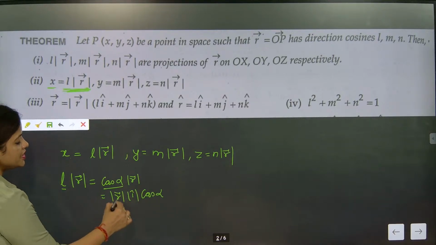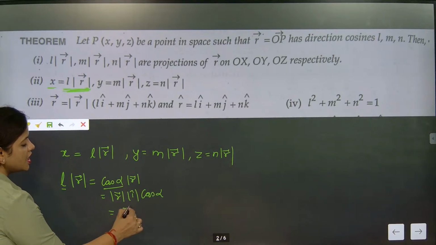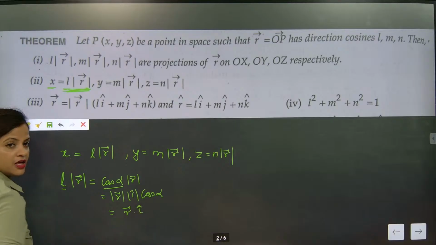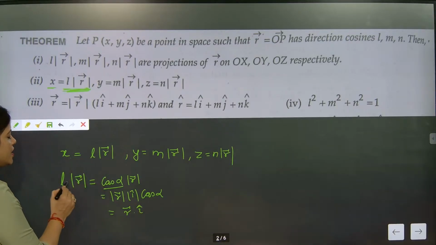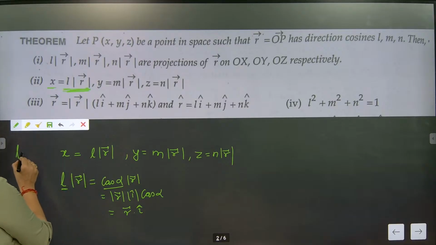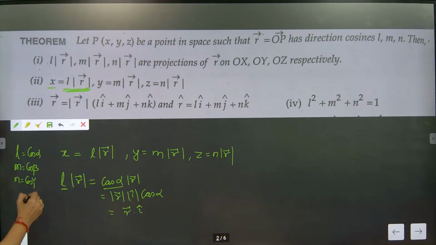So this is representing R vector dot i unit vector. We are going in reverse now. What we did: L can be written as, because L is equal to cos alpha, M is equal to cos beta and N is equal to cos gamma, beta.